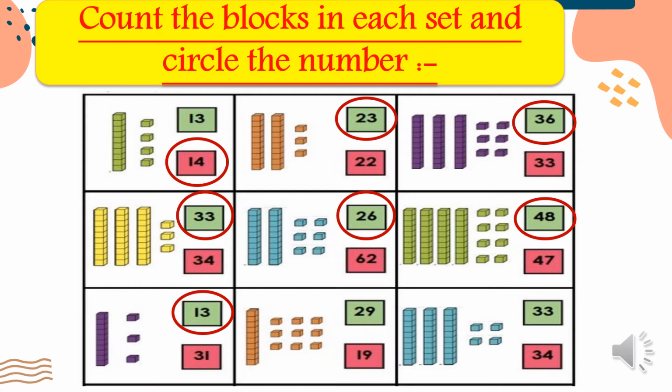I have here one stick in tens and 1, 2, 3, 4, 5, 6, 7, 8, 9. 9 small squares in ones. So the number will be 19. I have here 1, 2, 3 in tens and 4 small squares in ones. So the number will be 34.